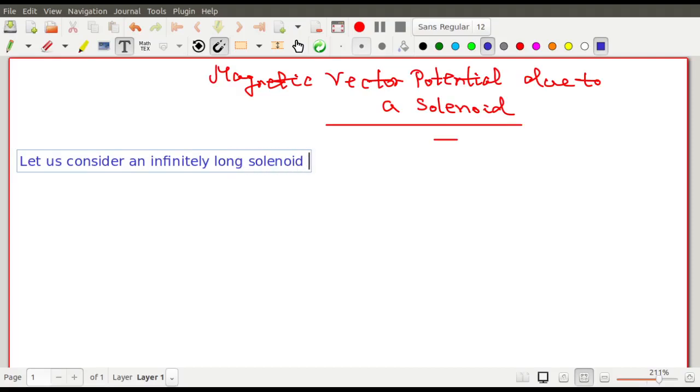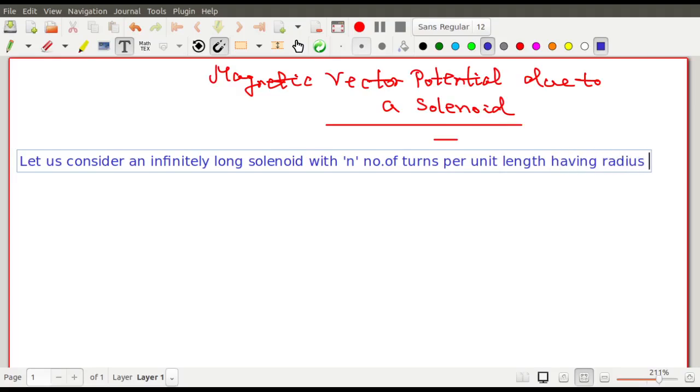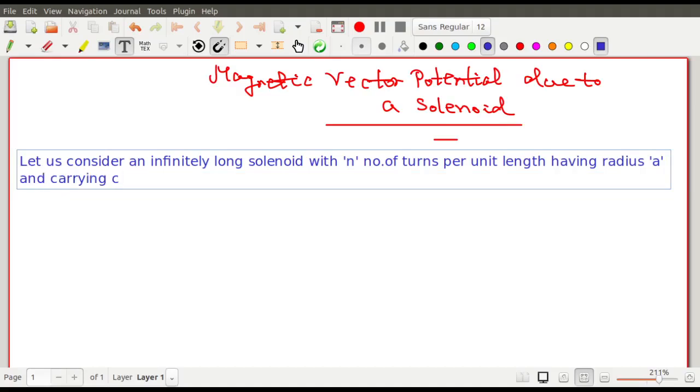Let us consider an infinitely long solenoid with n number of turns per unit length, having radius a, the radius of each turn is a, and carrying current I, which is the current flowing through them.